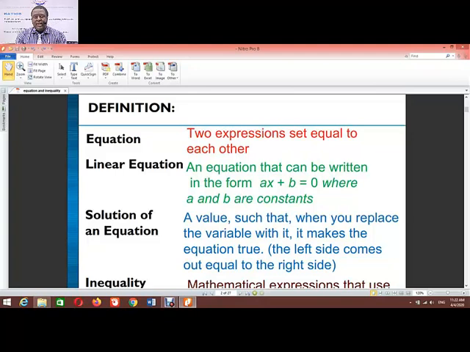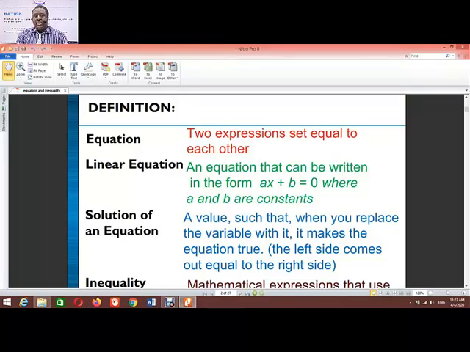What is an equation? Equation is two expressions set equal to each other. So from there, linear equation is an equation that can be written in the form ax plus b equal to 0, where a and b are constants. And what is a solution of an equation? A solution of an equation is a value such that when you replace the variable with it, it makes the equation true.